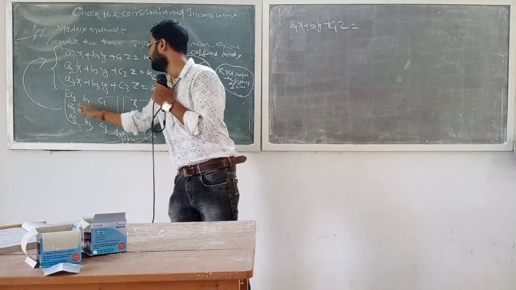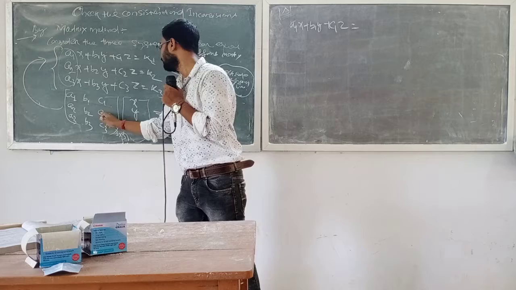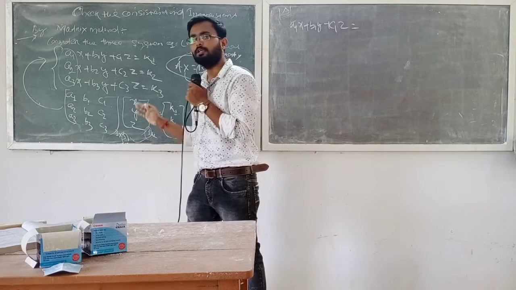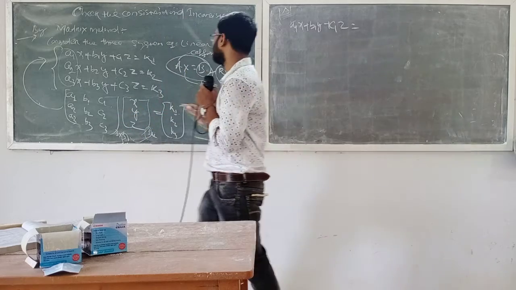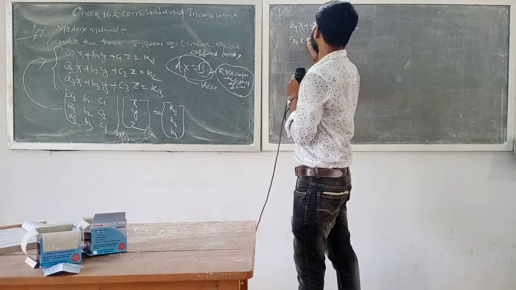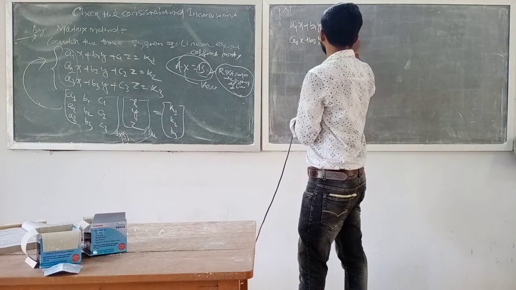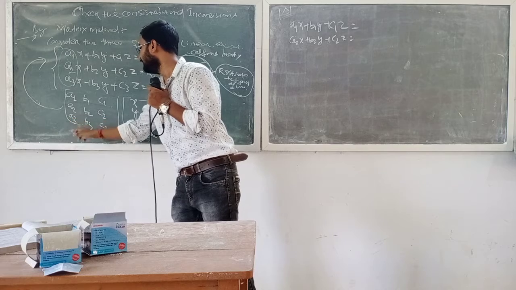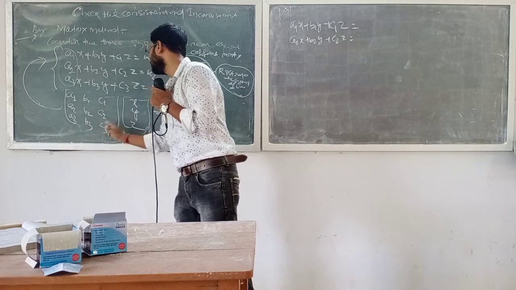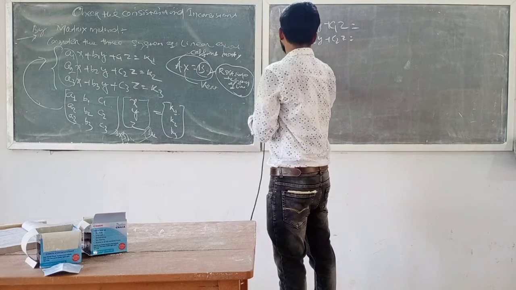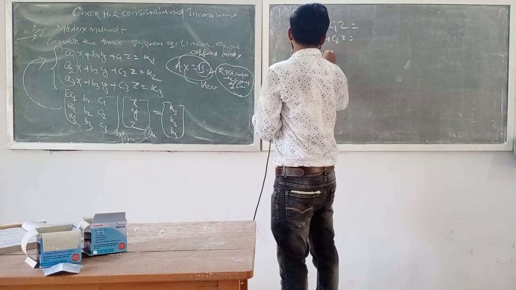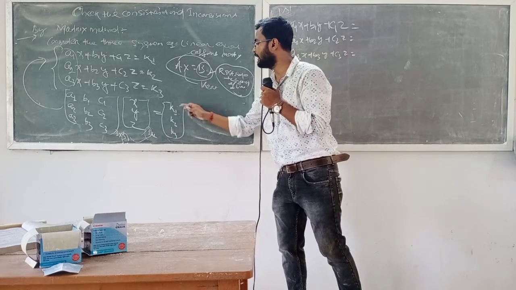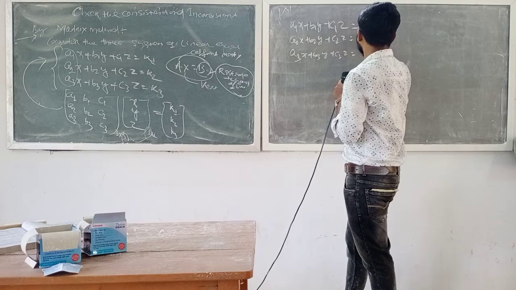Similarly, multiply A2 into x, B2 into y, C2 into z, with respective elements multiplied and added, so A2x plus B2y plus C2z. Then A3x plus B3y plus C3z, equal to the matrix K1, K2, K3.